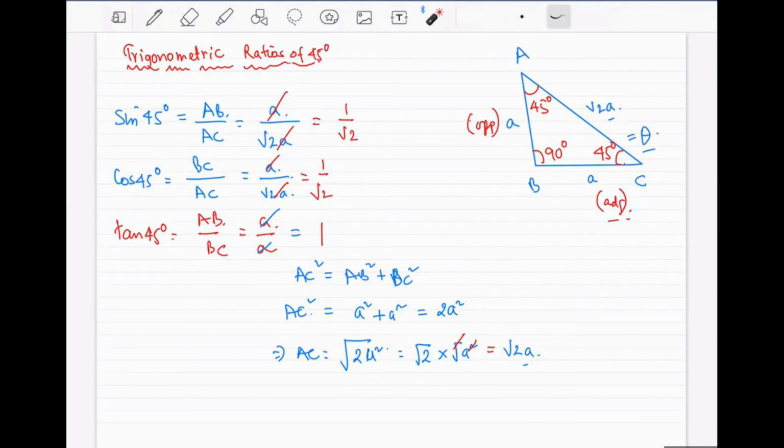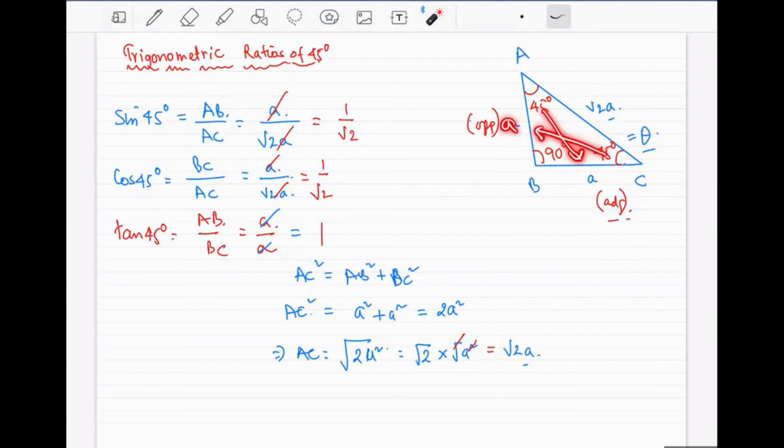Okay. So if I want the value of sine 45, cos 45, tan 45, what I have to do is draw a right angle triangle and make one of the angles 45 degrees. Once you make one of the angles 45 degrees, the other will automatically become 45. This is because of the property of a triangle, right? If two angles of a triangle are equal, their opposite sides will also have equal length.